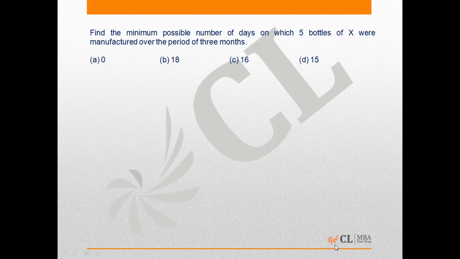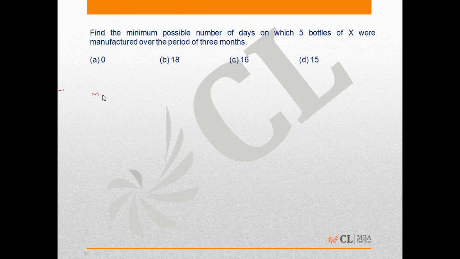Now moving on to the next question. Minimum possible number of days on which 5 bottles of X were manufactured over the period of 3 months.